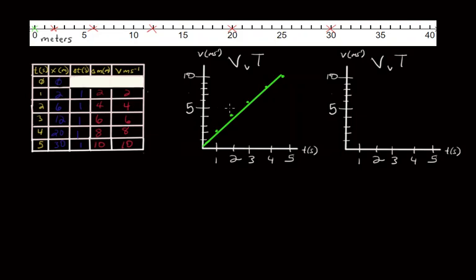All right, and so I wanted to show that the area underneath the line on the velocity versus time graph was distance, right?